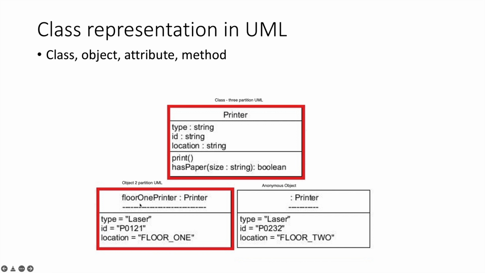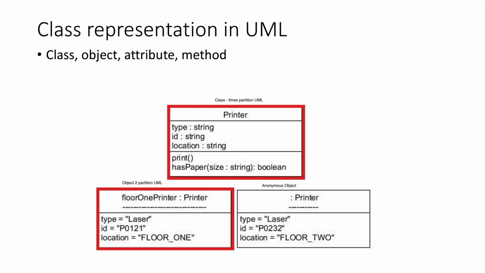It is also used with an underline just to indicate quickly that this is an object representation and not a class representation. Objects also have key value pairs as attributes, with the difference that the key is the name of the attribute and the value is the actual value of that attribute.